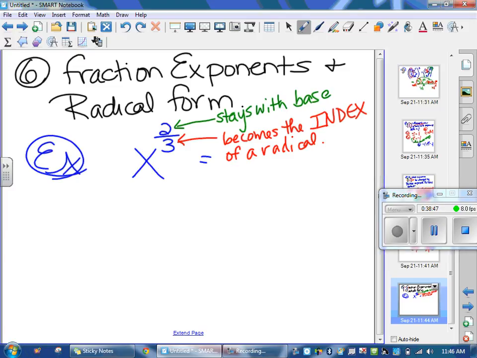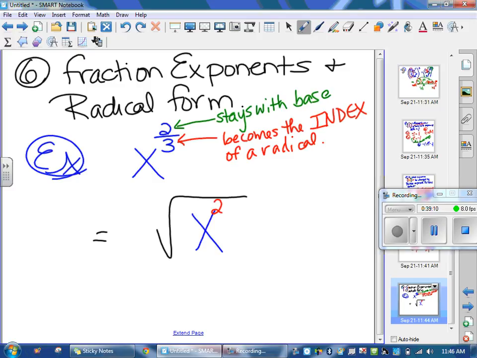So, for radical form we need to do this. There's my radical. My final answer is going to give me this. The x is here. Where does the 2 go? On top of the x. It doesn't move.